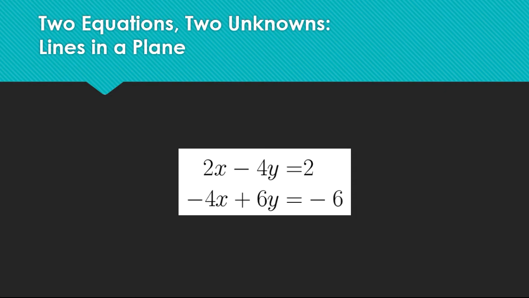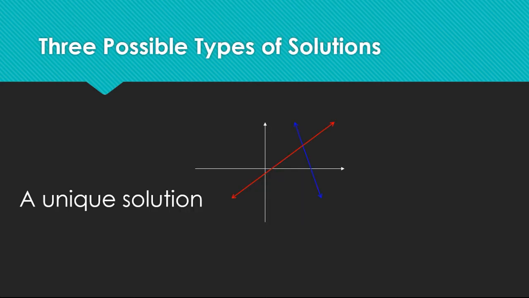Now starting from the system of two equations. Separately, when we plot an equation having two unknowns, it gives us a straight line. So if we plot both equations, we will get straight lines. The first possibility is that these two lines intersect each other at one point, which must be the case if the slopes are different.